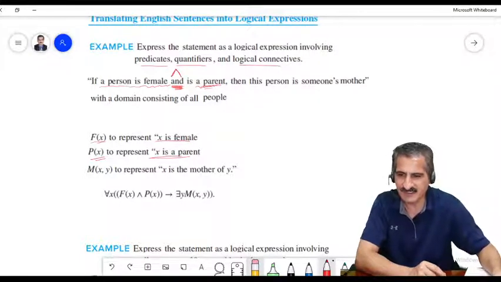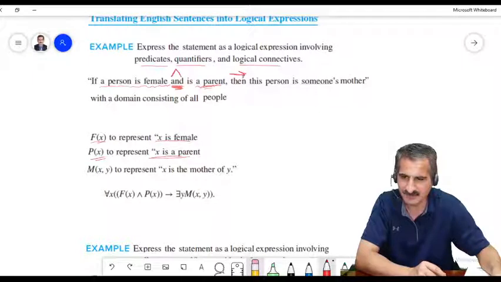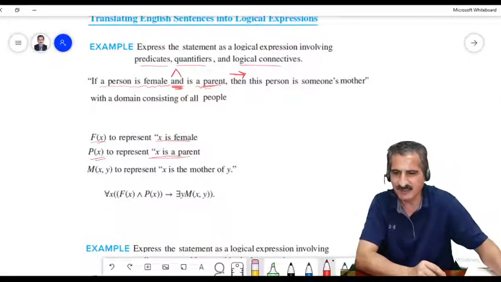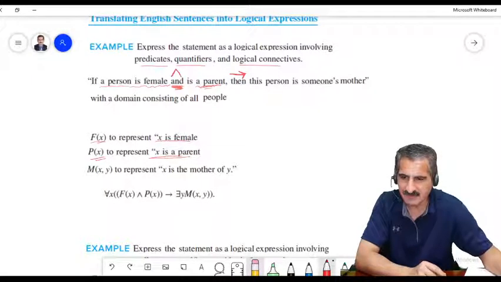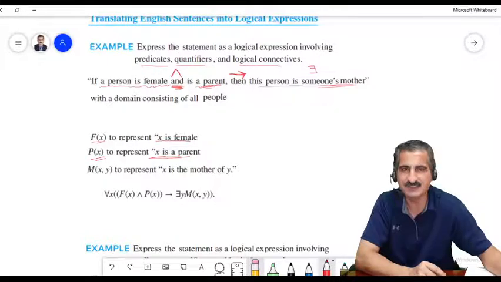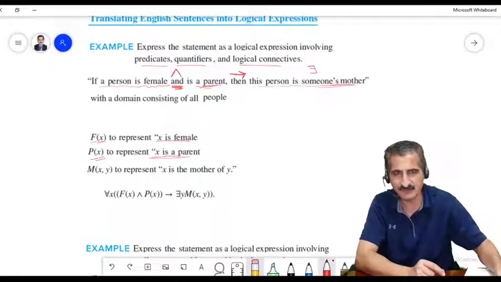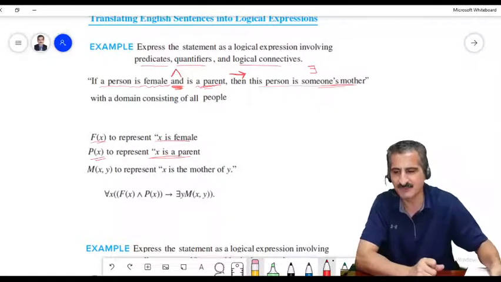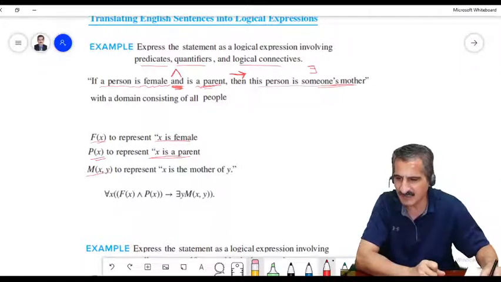Now here it says "then", so we will have this logical connective. Then this person is someone's mother. So there exists somebody such that that person is that somebody's mother. So we will say M(x,y) means x is a mother of y.